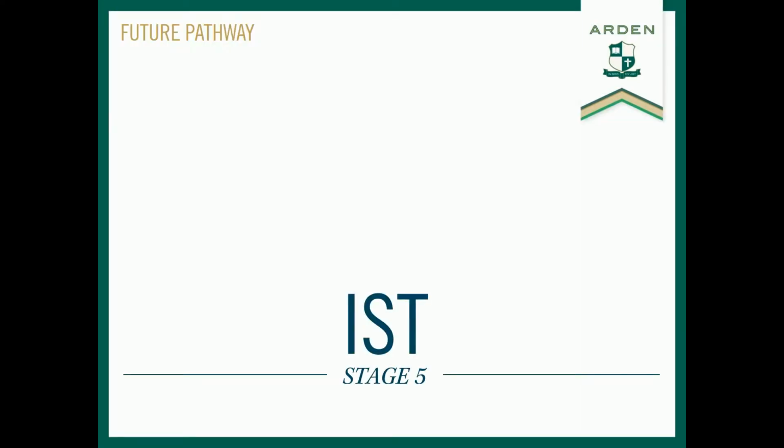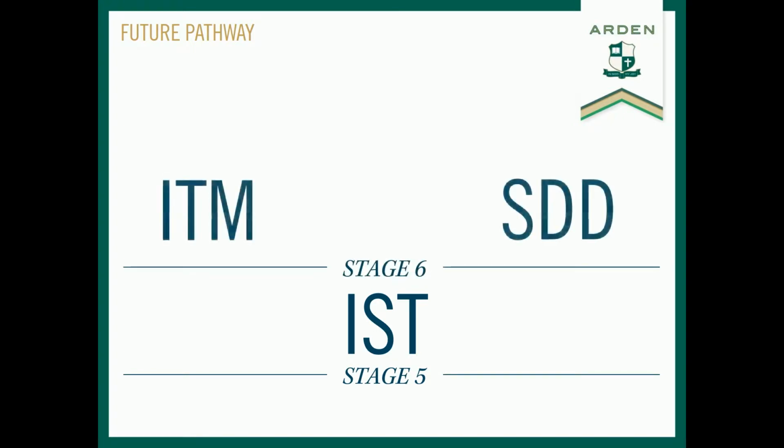In Stage 5, we have IST, which breaks into two courses in Stage 6, Industrial Technology Multimedia and Software Design and Development. ITM is a massively broad course. Any multimedia discipline will apply. Students do a major work in Year 12, which is a year-long project.